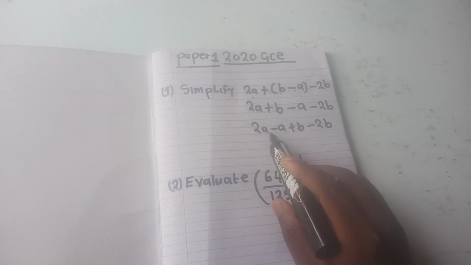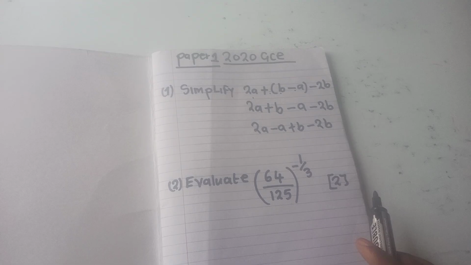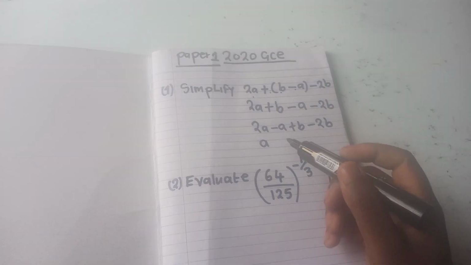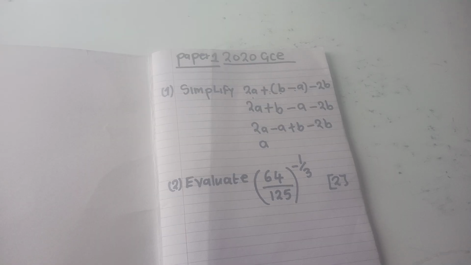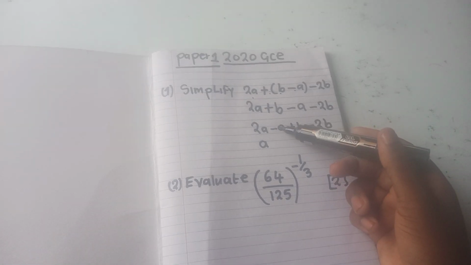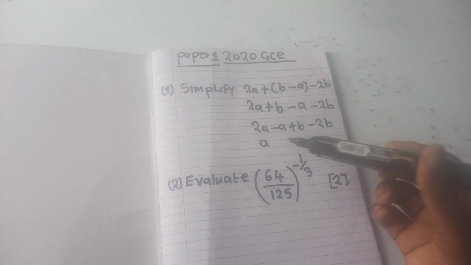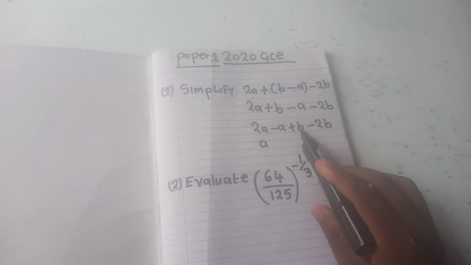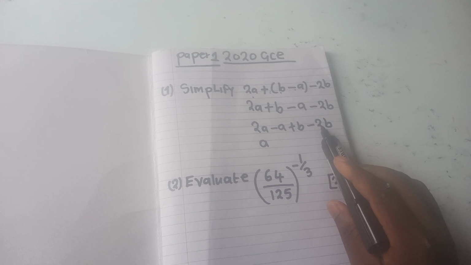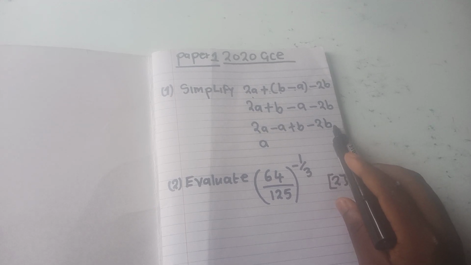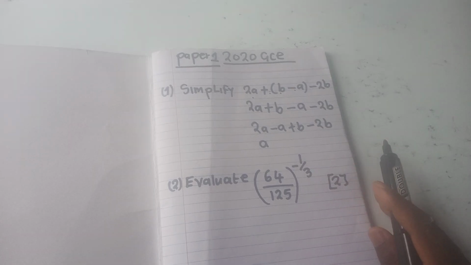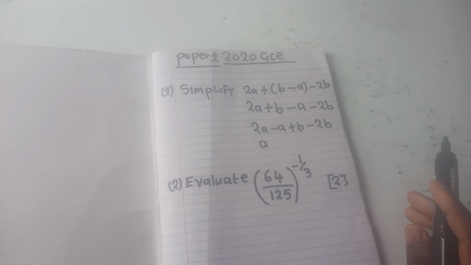So 2a minus a, what do you get? You get a. It's more like you are subtracting 2 minus 1 because the coefficient of a is 1. So you remain with a. And then here, positive b minus 2b. So you are subtracting, it's more like positive 1 minus 2. You subtract and you get the sign of the bigger number.